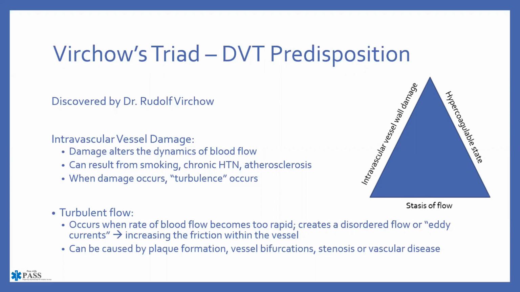So this was discovered by Dr. Rudolf Virchow, and Dr. Virchow was a German physician, and he was around from 1821 over to 1902. In Virchow's triad, he really first kind of described what this triad was in 1856, but interestingly enough, he was not the one that actually named the Virchow triad, and it wasn't done until many years after his death.